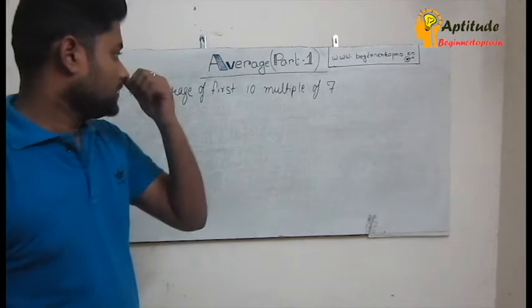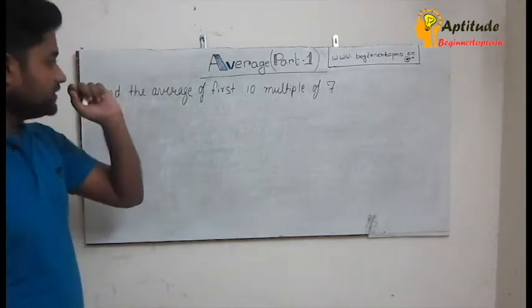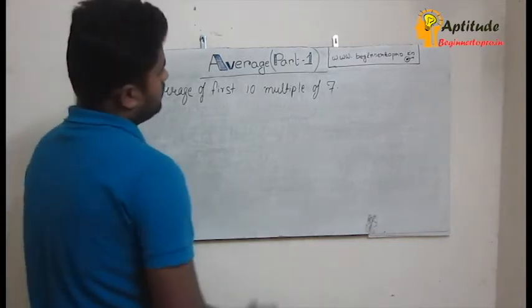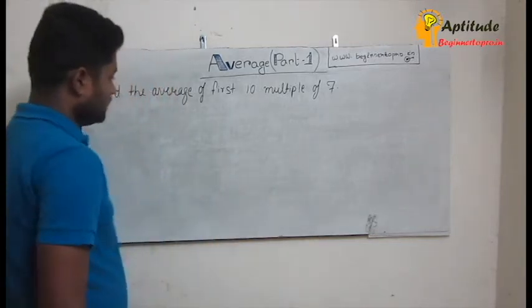So we will see another type of question. The question says: find the average of the first 10 multiples of 7. So what are the first 10 multiples of 7?